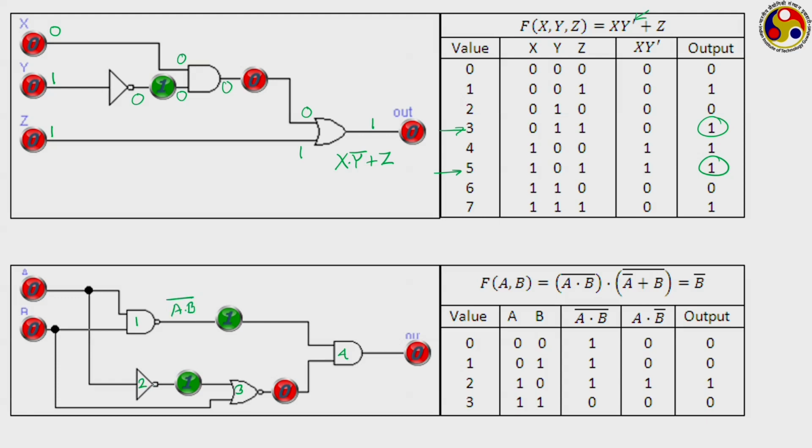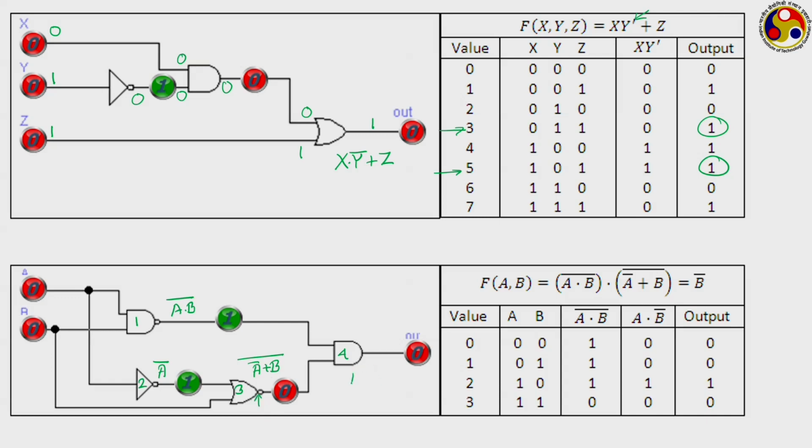Same A and B are also directed elsewhere. A is directed to a NOT operation. So, the output of this NOT operation is A bar, and now this A bar and B are directed to a NOR operation. So, the output from this one will be A bar plus B whole over bar because of the NOR operation. This is the NOR part, and finally, this entire thing is going to an AND.